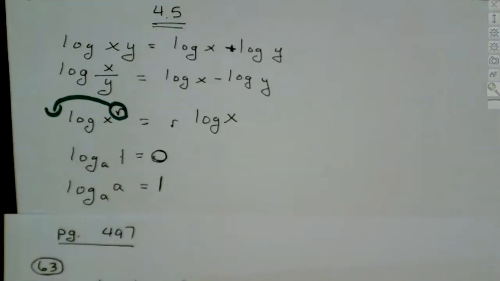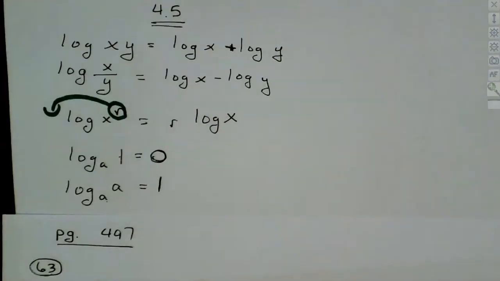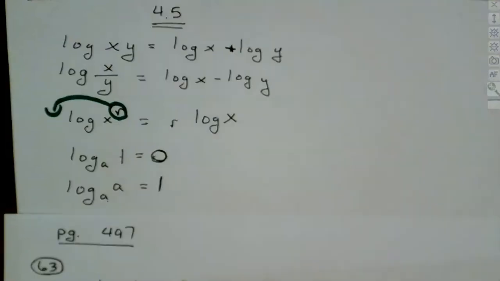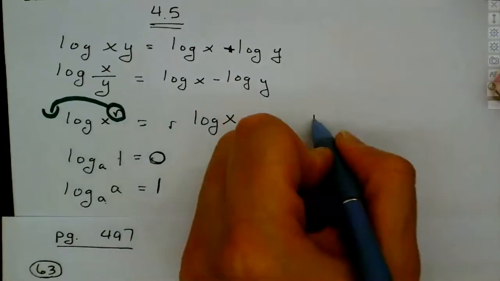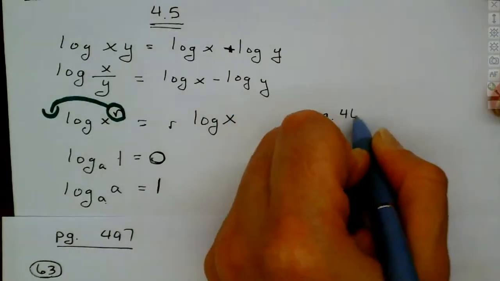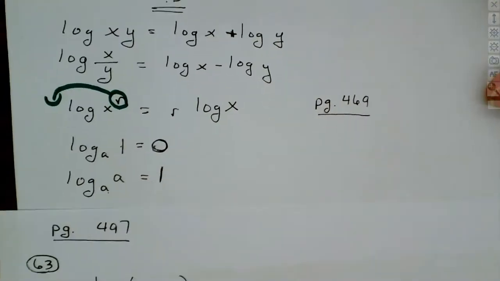We don't use these properties a lot, but we sometimes do use them. They're actually in the textbook as well, on page 469, if you want to reference that.